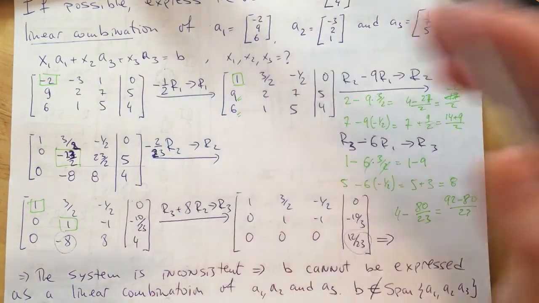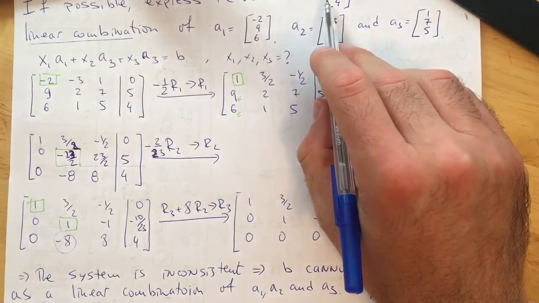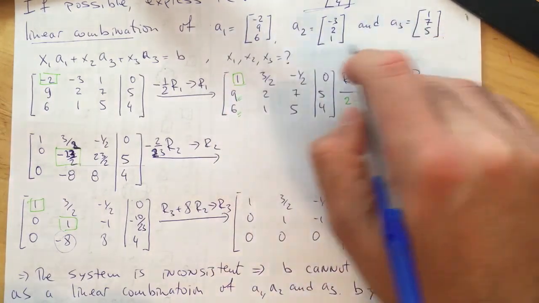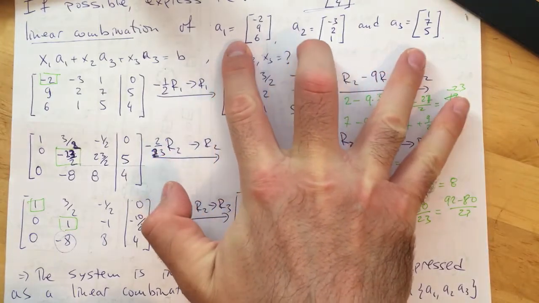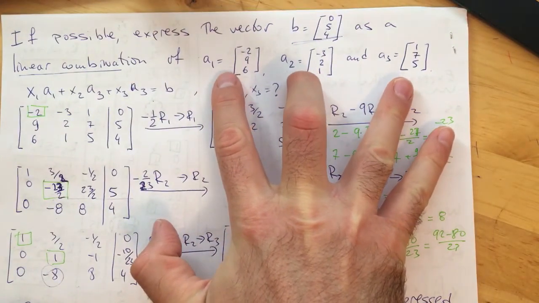Why? Well, it's obvious. There are some vectors that simply cannot be expressed by a linear combination of these three vectors. So a very relevant question now would be, well then, what is the span of these three vectors? What do they span?